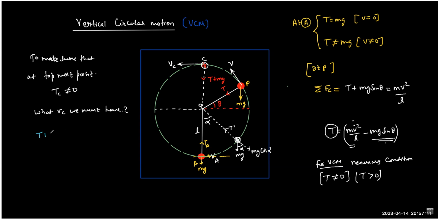You can have T plus mg, which is the net centripetal force, equals mVC square by r. So what is T at C, the topmost point?